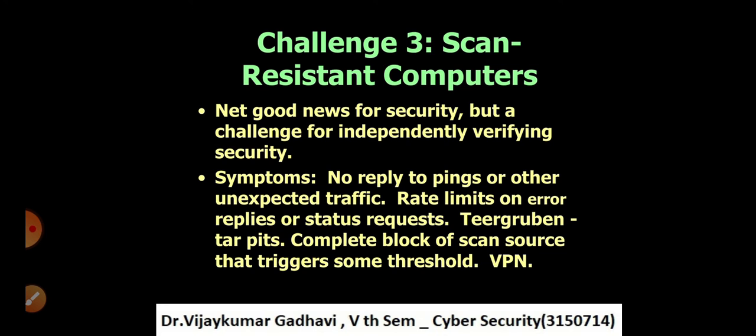It gives no reply to pings or other unexpected traffic, rate limits on error replies or status requests. Tarpits are research on these symptoms. A complete block of a scan source triggers some threshold values. Virtual private network, that's called a VPN.